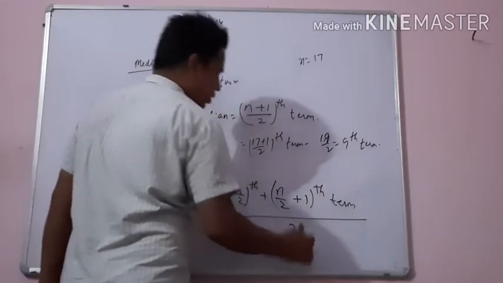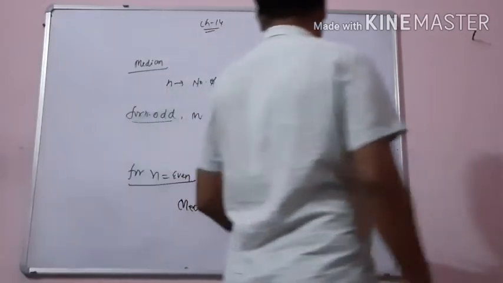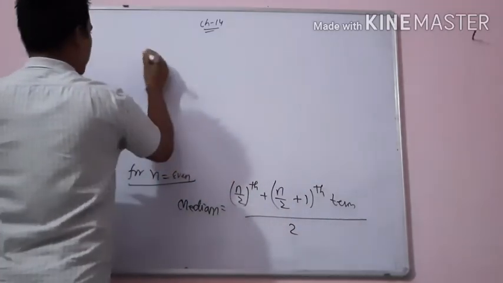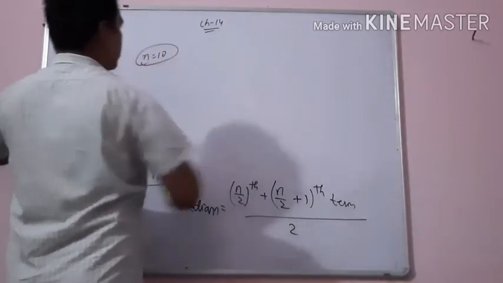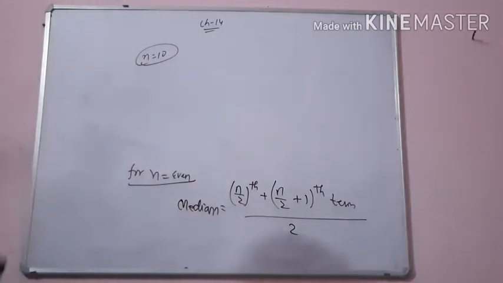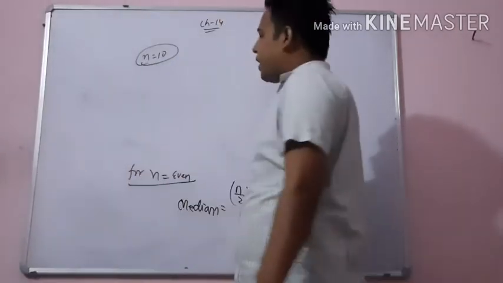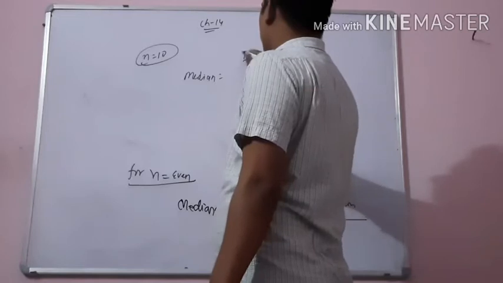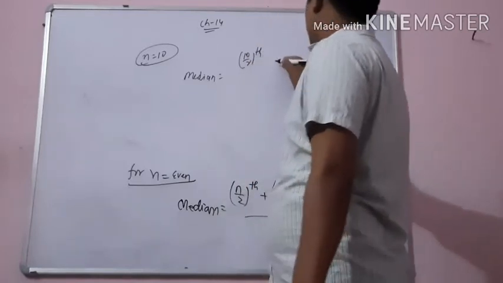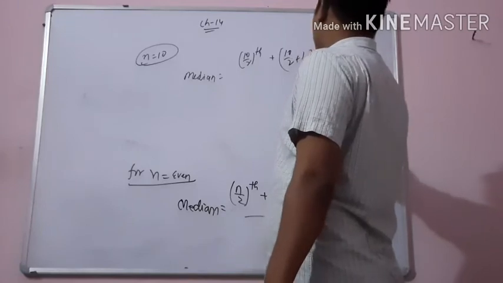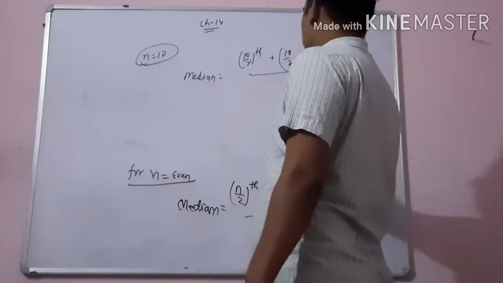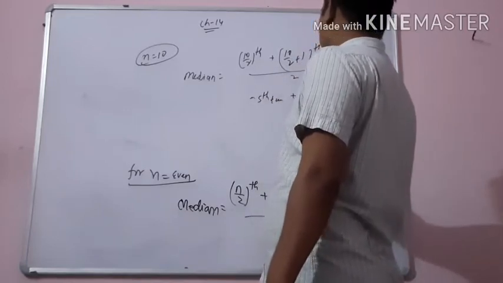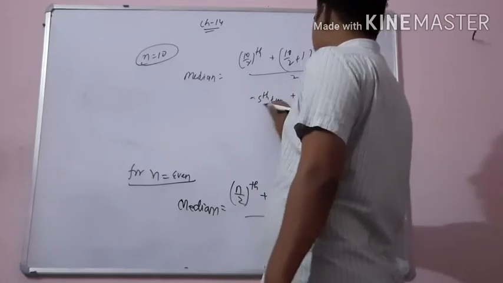Suppose n equals 10, which is even. So the median of this data will be the 10 upon 2, that is the 5th term, plus the 5 plus 1, that is the 6th term, and the average of these.